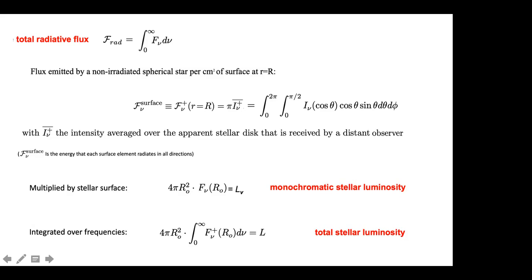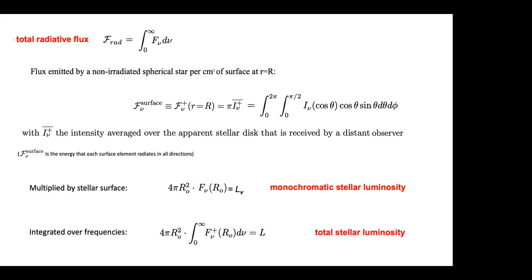And here we can define the flux emitted by a spherical star that is not irradiated. What does it mean, not irradiated? That there is no incident flux. The star is emitting outward, but does not receive anything. You could say this is obvious. Not necessarily, because, for example, there are many cases of binary stars where one of the two is heated by the companion.